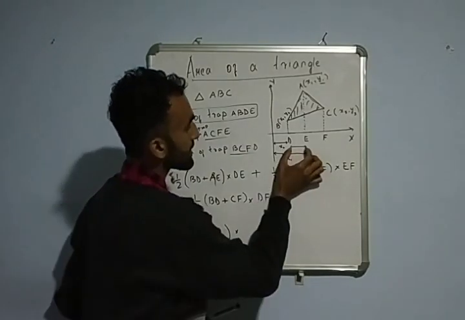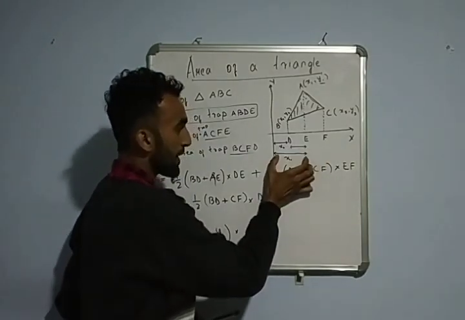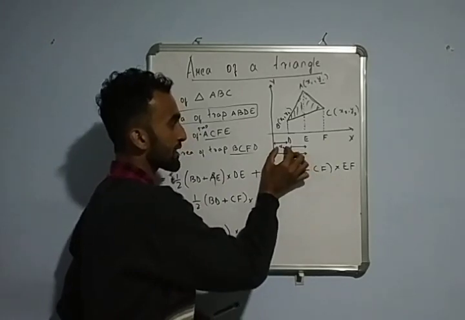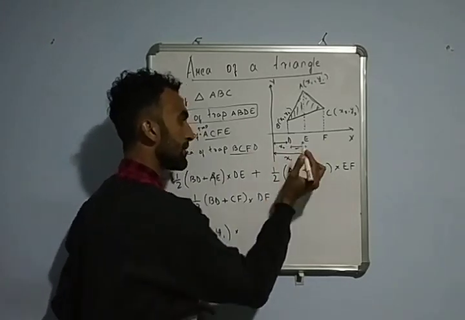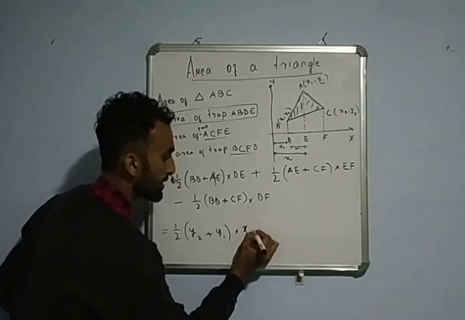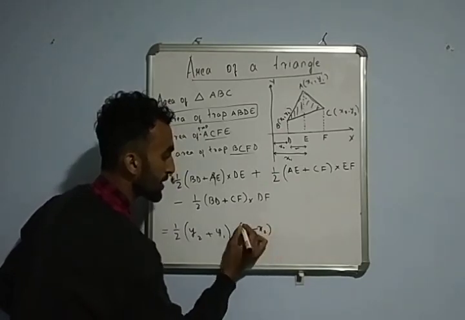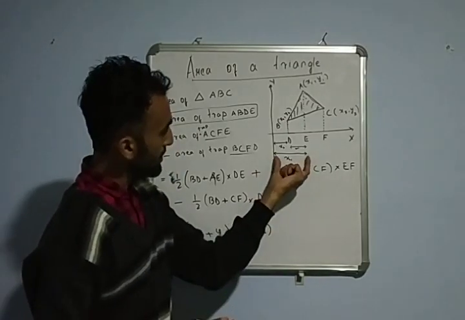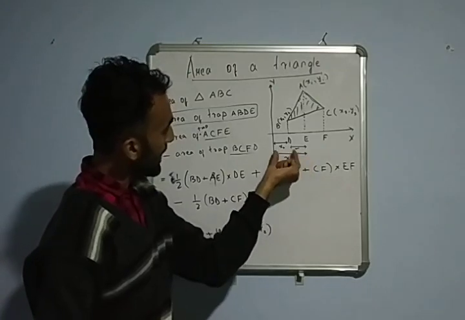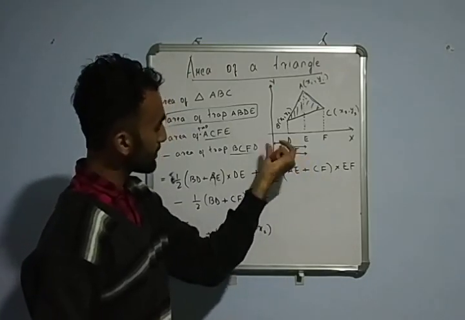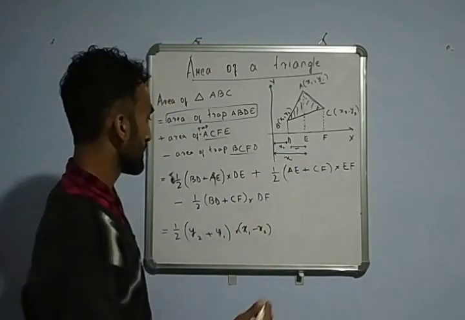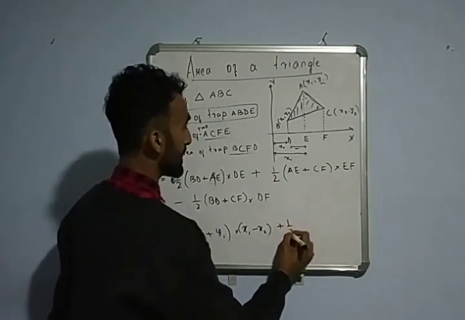Now I want to get DE. From x1 you subtract x2, you will get DE. x1 minus x2. Check very carefully. From here, this is x1, I subtract this one, x2. I got DE.